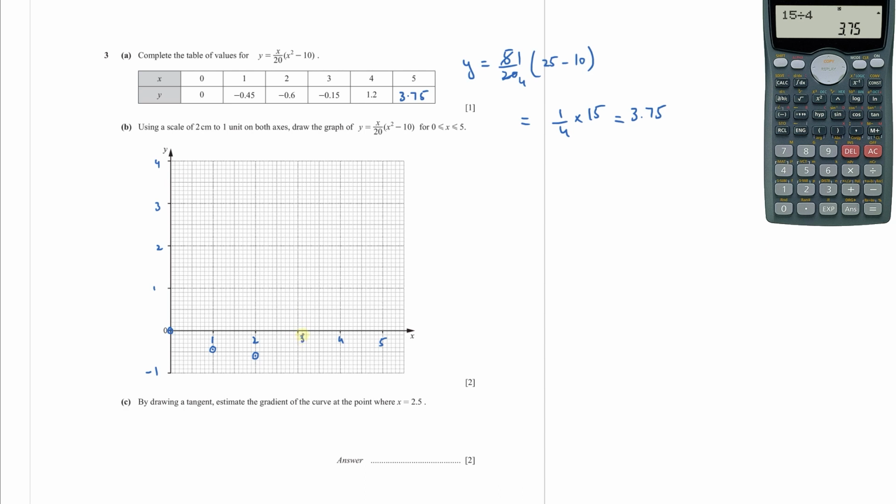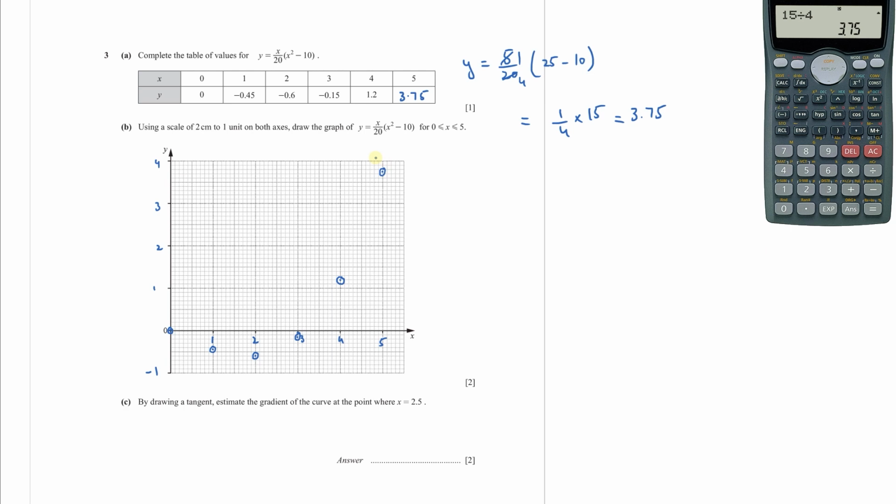So this is 3. So minus 0.15 will be in the middle here. 4 and 1.2, 4 and 1.1, 1.2, and then 5 and 3.75, 5 and 3.3, 3.5, and 3.75 will be here.